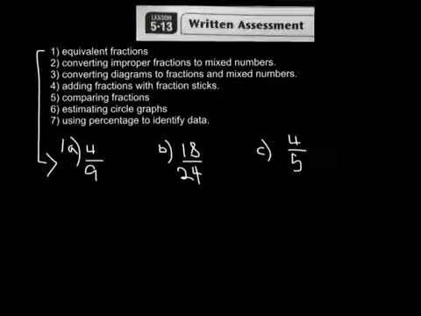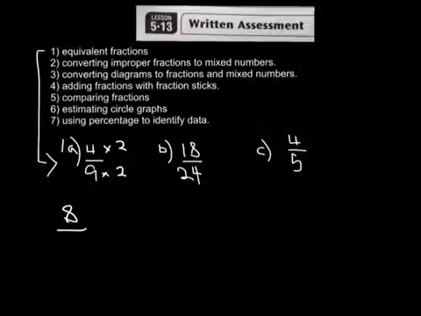Okay, for a, we can go ahead and double them. If we double both, whatever you do to the top, you must do to the bottom. Okay? We double them. We know that we can have 8 over 18. That's an equivalent fraction.